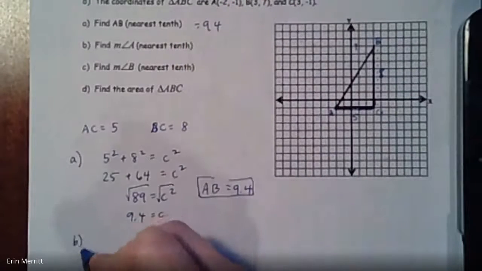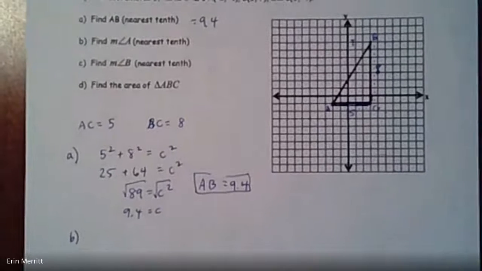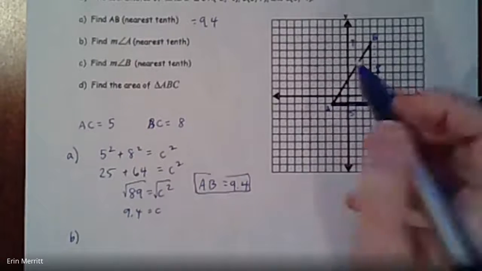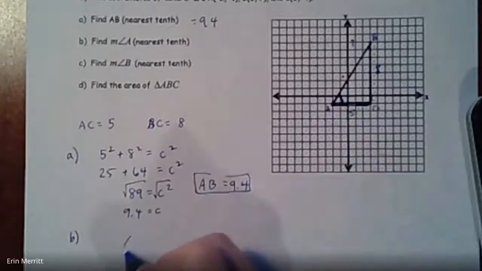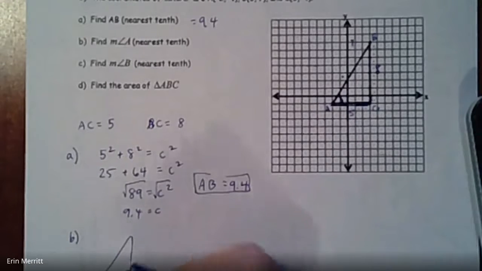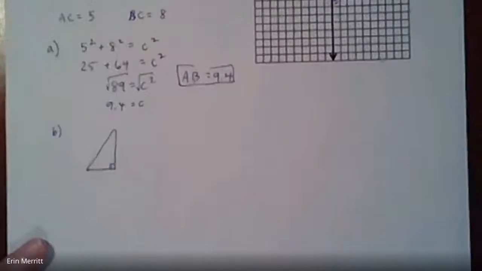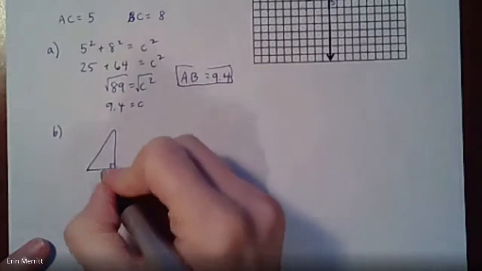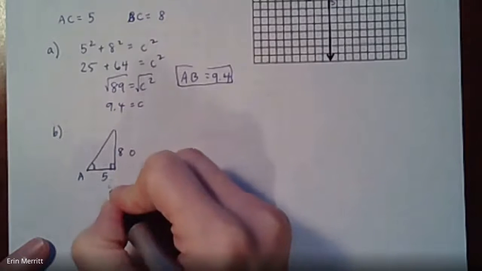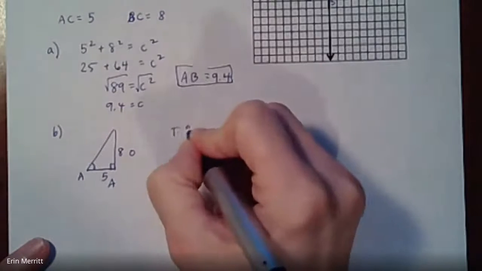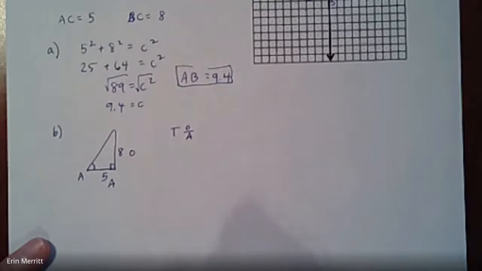All right, for part B, find the measure of angle A. Again, I don't want to really use my rounded answer here, so I'm going to make a picture, if I kind of draw it down here, so it might be a little easier to see, that this is 5, this is 8, and I'm looking for that angle. This is the opposite, that's the adjacent. I'm going to use tangent to solve so that I don't have to use my hypotenuse here.